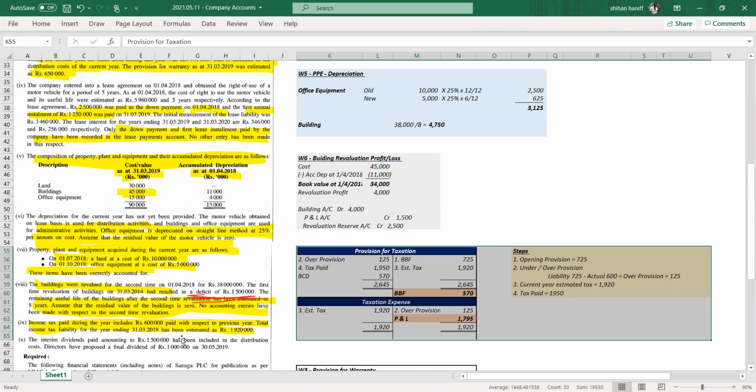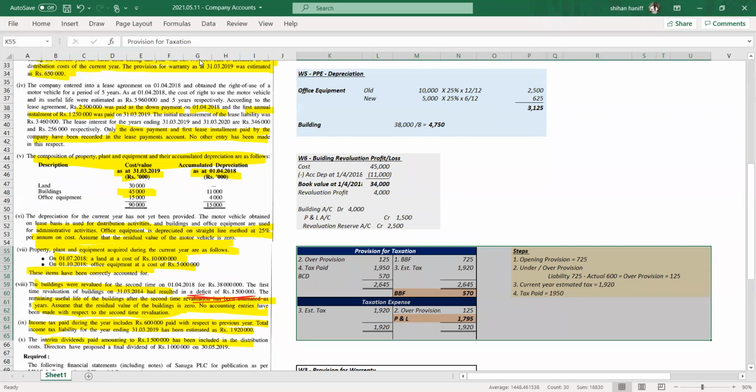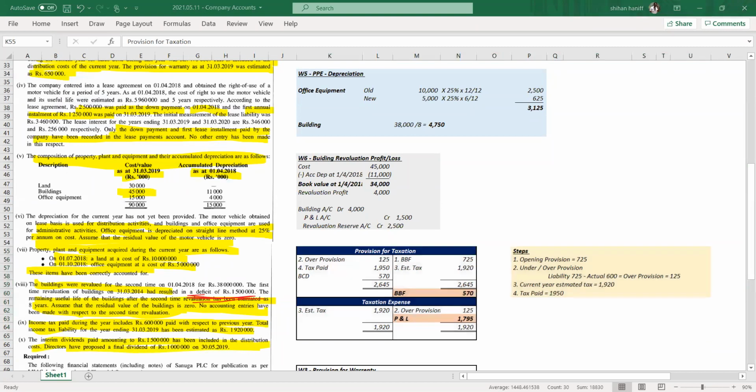Interim dividend paid amounting to 1.5 million has been included in the distribution cost. Directors proposed dividend 1 million. Interim dividend 1,500.